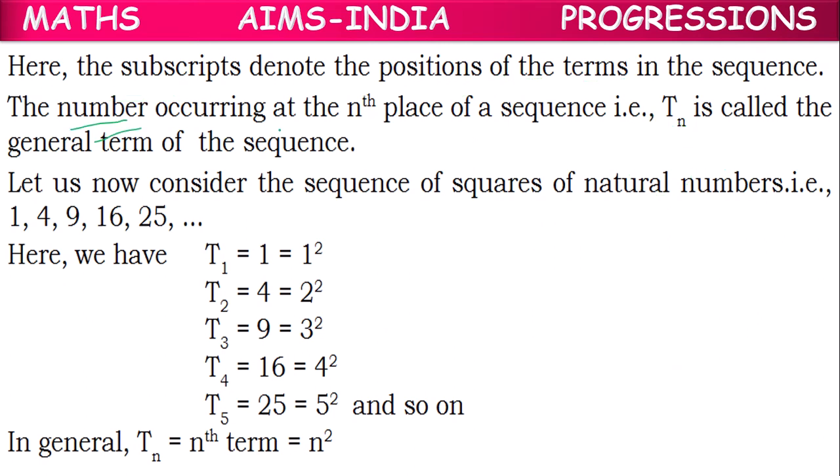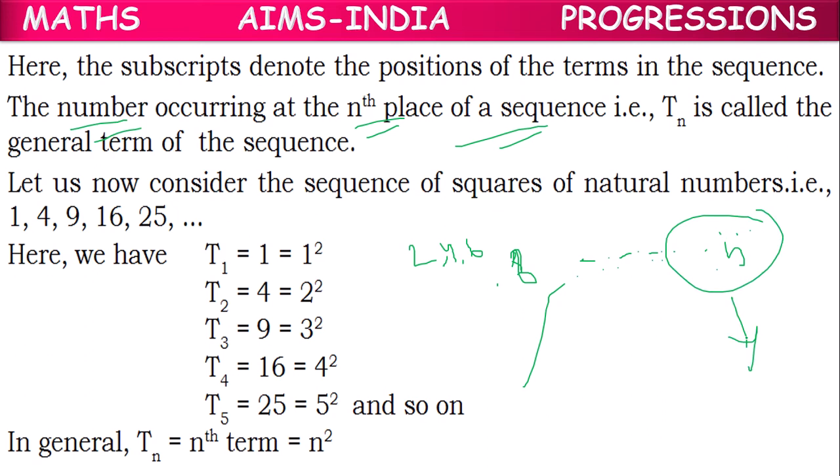So the number occurring at the nth place of the sequence, suppose 2, 4, 6, 8 and so on. We are having terms like this up to n, which is a variable. It may be the 10th term, it may be the 20th term, but it is the nth term.